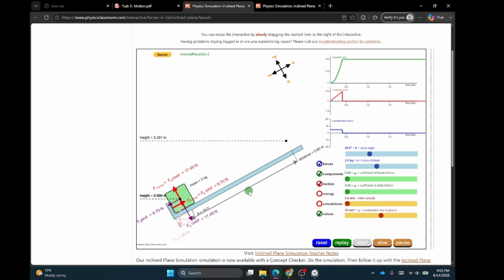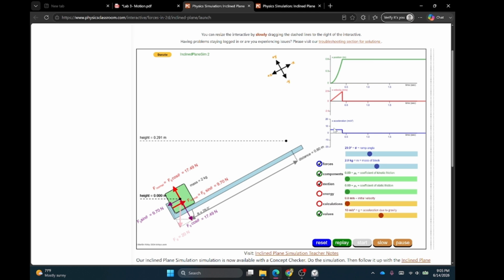Because if you remember, it's accelerated because of mg sine theta, and theta is constant, m is constant, g is also constant. So the acceleration is established from that relation, g sine theta.